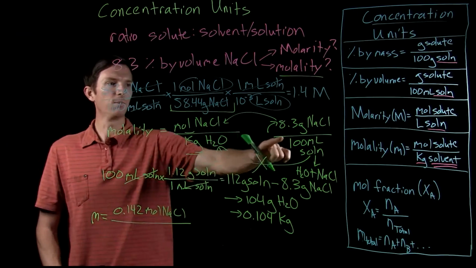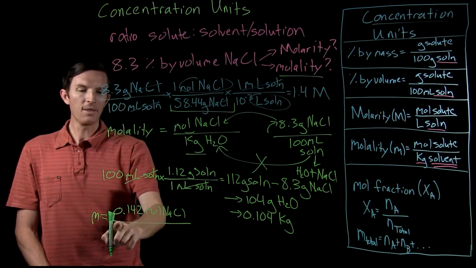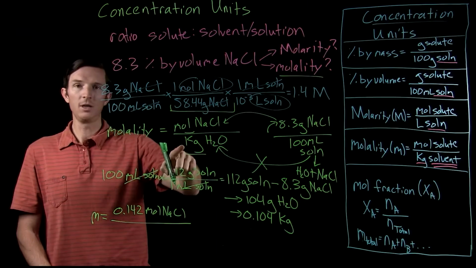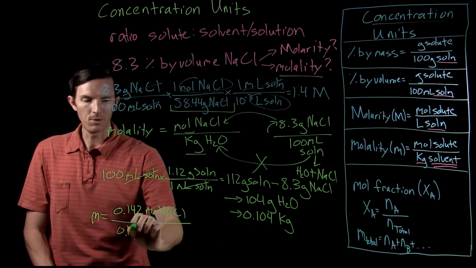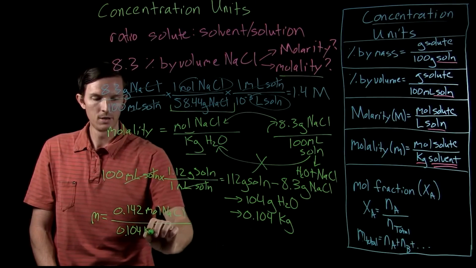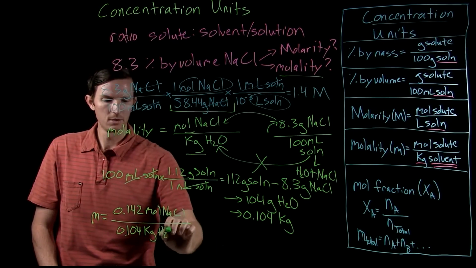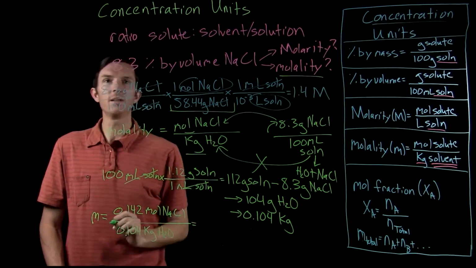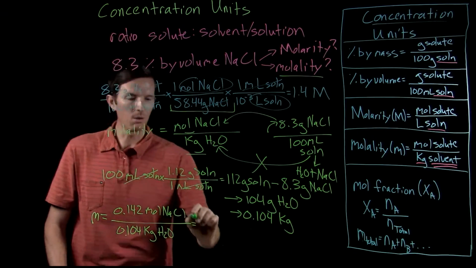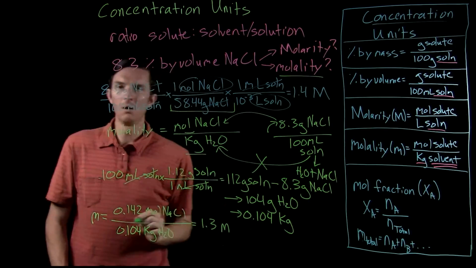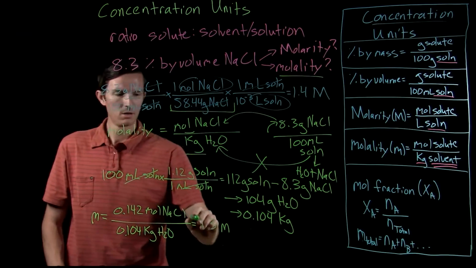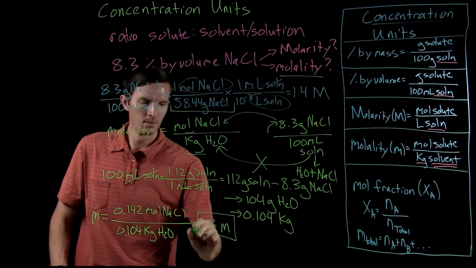And that was just me converting my grams to moles. And then that's per the kilograms of the solvent here, which is our water, our 0.104 kilograms of water. And then that's now going to give us our molality, which ends up being 1.3 molality for our solution here. Okay.